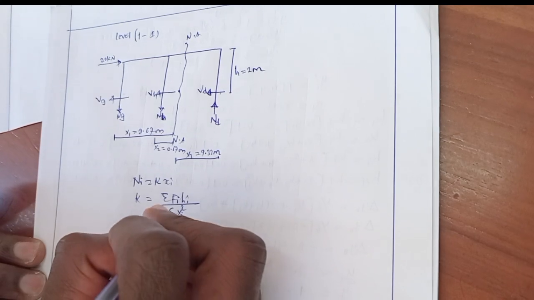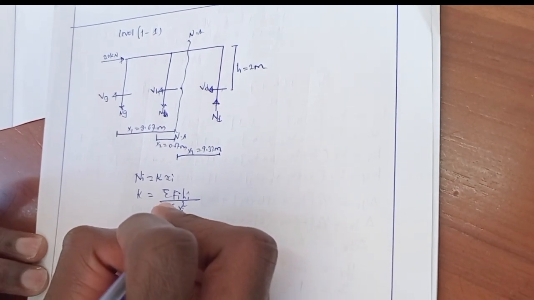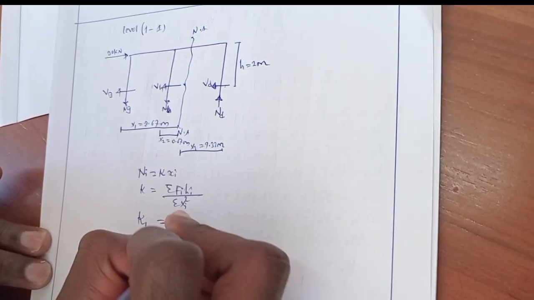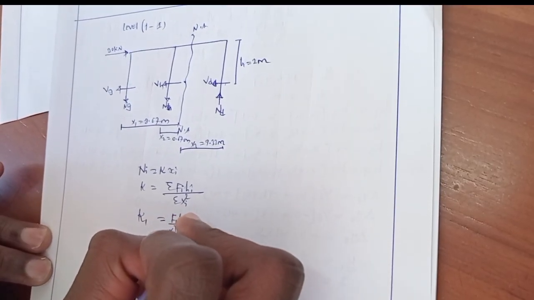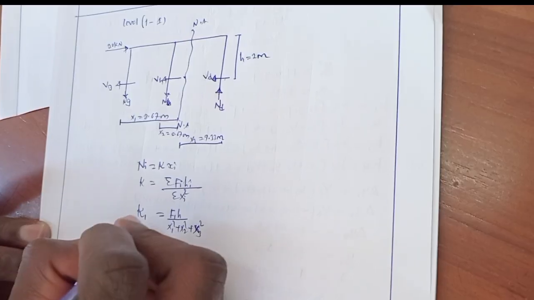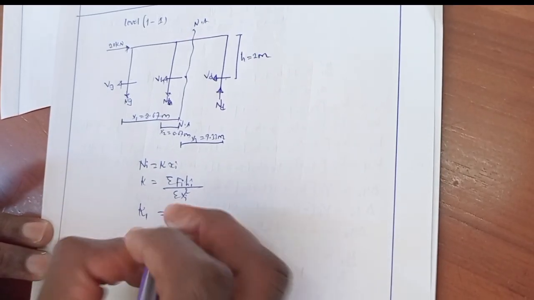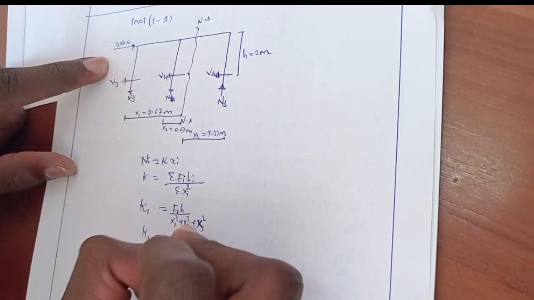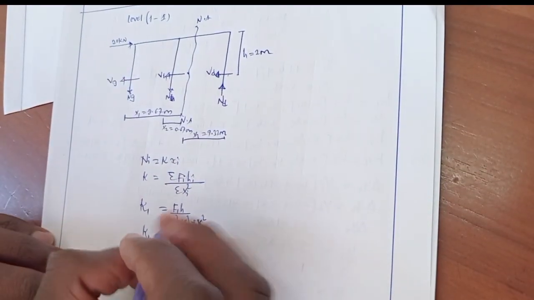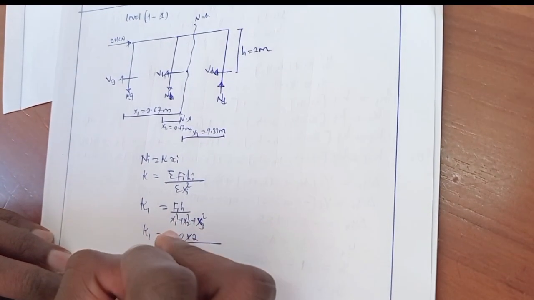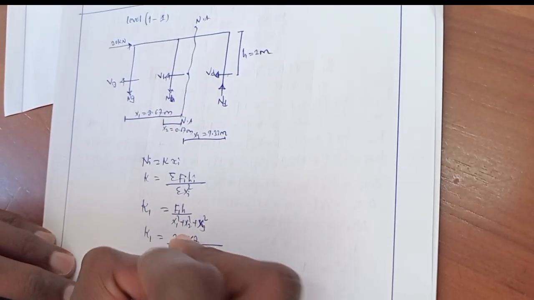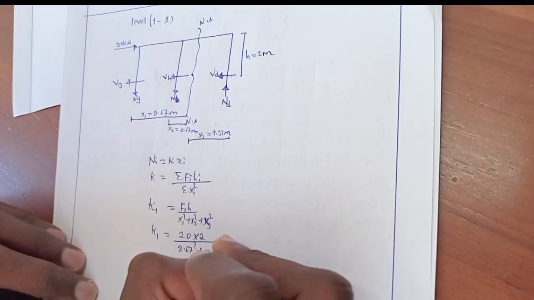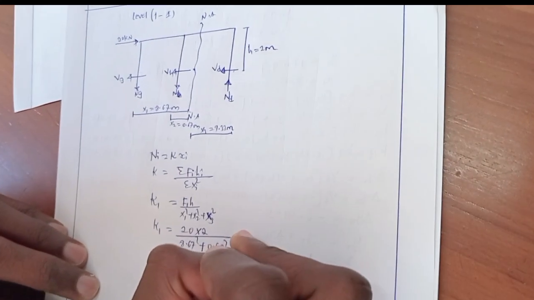Here will be force 1 times h over x1 square plus x2 square plus x3 square. K1 will be force 1, which is 20 kilonewton, times 2, which is 40, over 8.67 square plus 0.67 square plus 9.33 square.